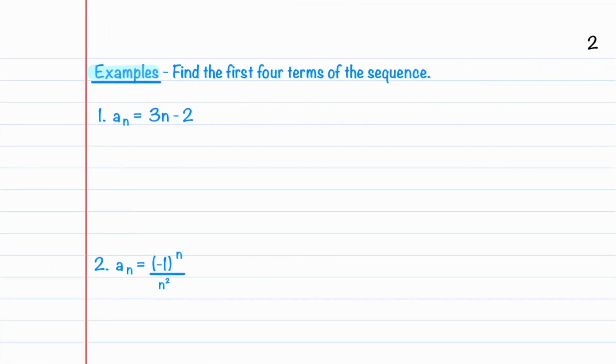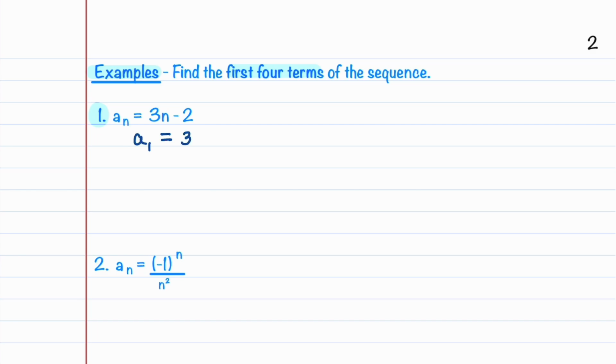Let's now look at some examples where we're going to find the first 4 terms of a given sequence. In our first example, we're told that A sub n, the nth term, is equal to 3n minus 2. We're going to use that to find the first 4 terms in the sequence. Our first term is A sub 1, and all we're going to do is go up into our formula and substitute 1 for n.